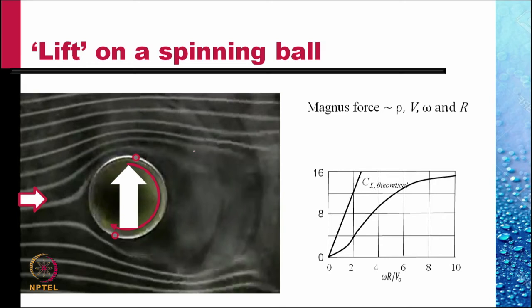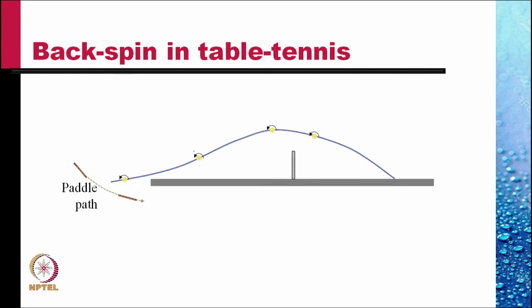The Magnus force lift coefficient is like this. It explains partly the force. So let us explore how the spinning ball affects the trajectory of a ball.